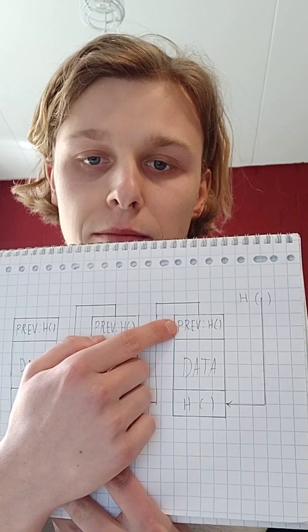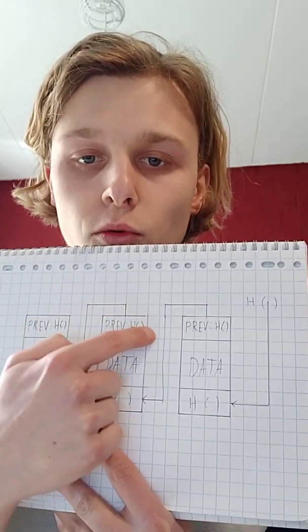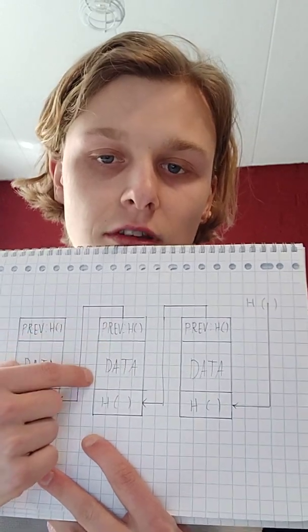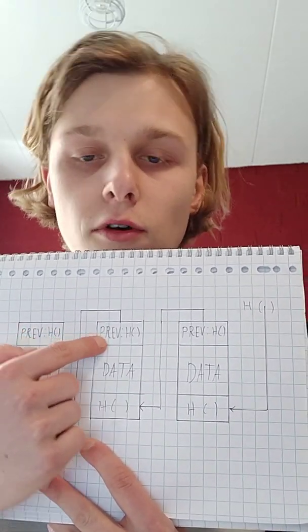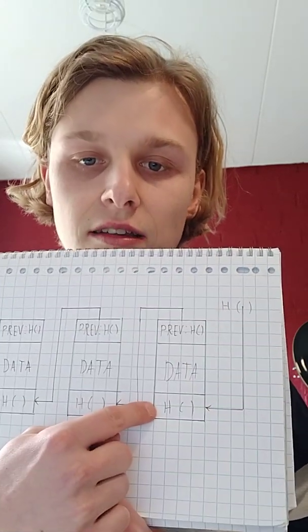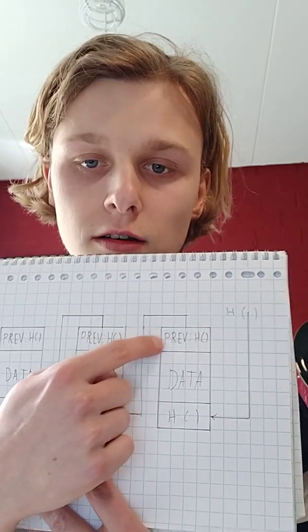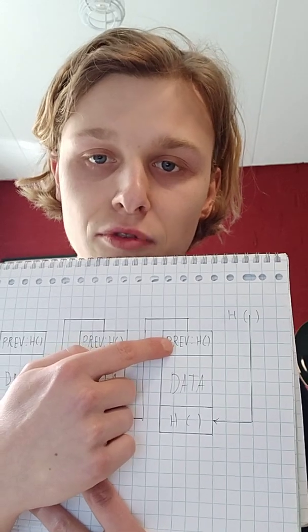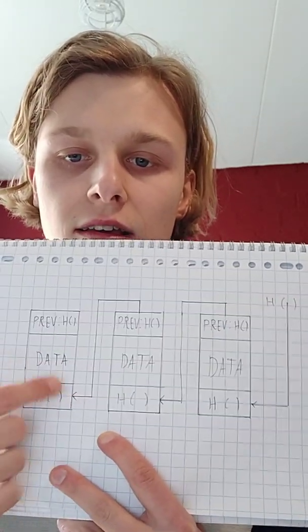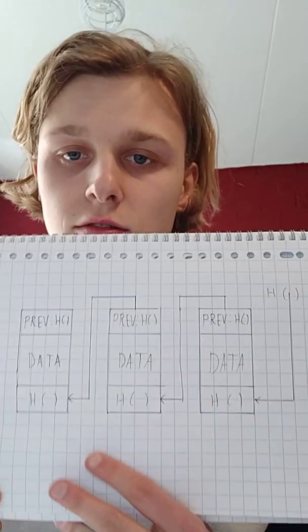And to illustrate where the previous hash is coming from, we've pointed with the hash pointer to this hash, which is also a combination of the previous hash of the previous block and this data. So now we can see that the hash of this block is the combination of data and the previous block information, and points to where it is. And this way we can make a data structure which is similar to a blockchain.